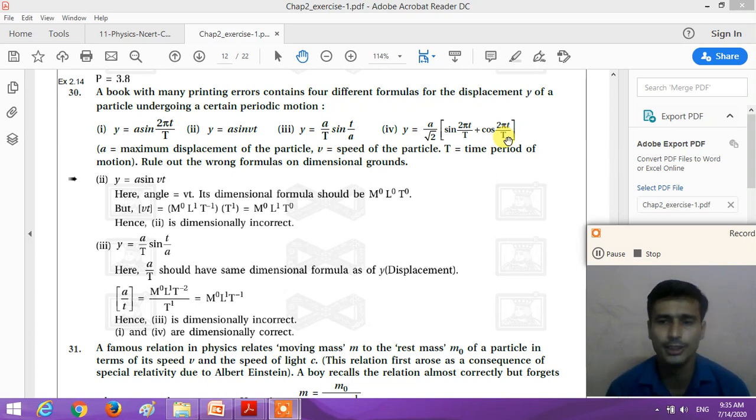Otherwise the equation is not correct. So, of all the four equations, equations first and fourth are dimensionally correct, while equations 2 and 3 are dimensionally incorrect.